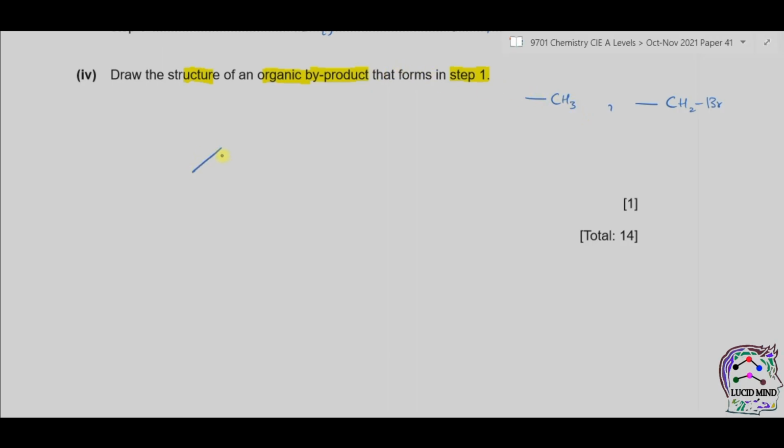So we can draw either this structure. We have a benzene ring, and all 3 hydrogen atoms can be replaced by Br, so we can write CBr3, or you can also write CHBr2. This is because free radical substitution occurs until all the hydrogen atoms are replaced.